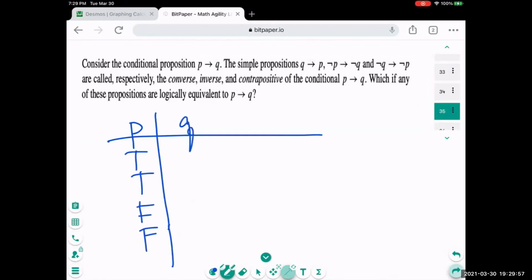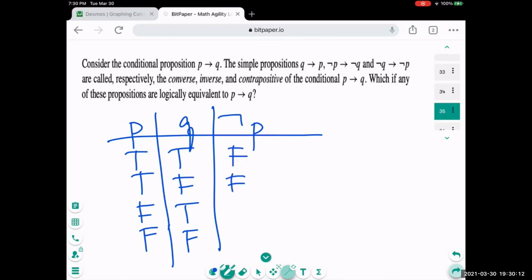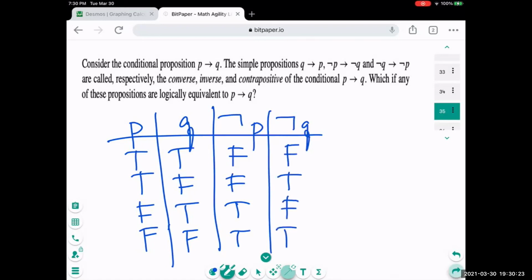So, yung Q natin would be true, false, and then true, false. So, kunin natin yung negation ng P, kabaliktaran ng value ng P natin. So, this would be false, false, true, and true. And then yung negation ng Q would be false, true, false, true.